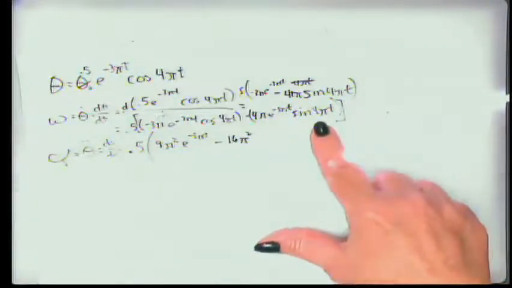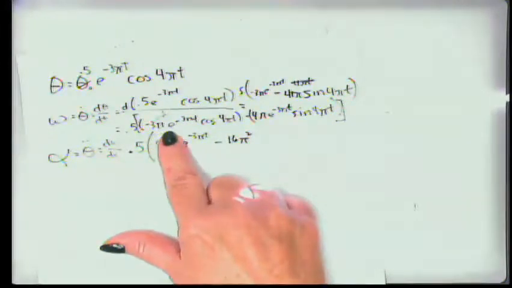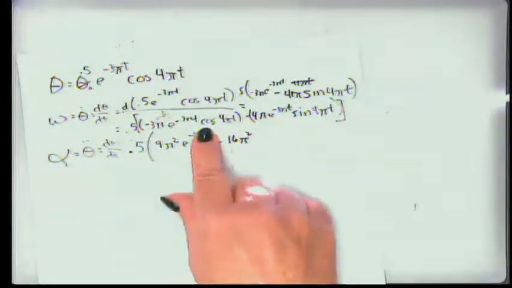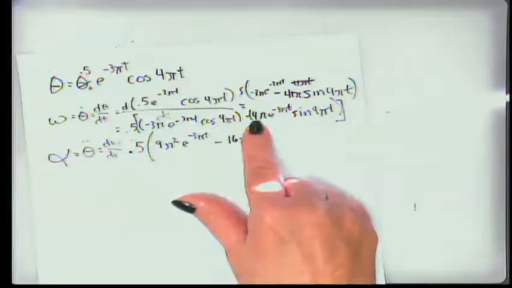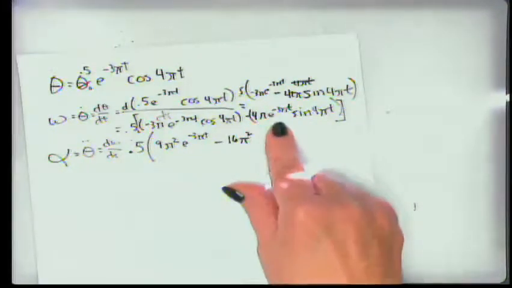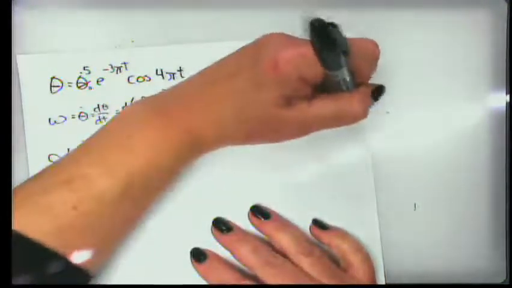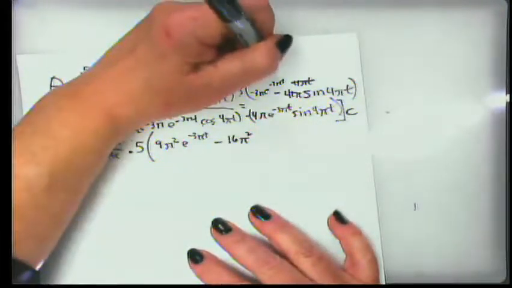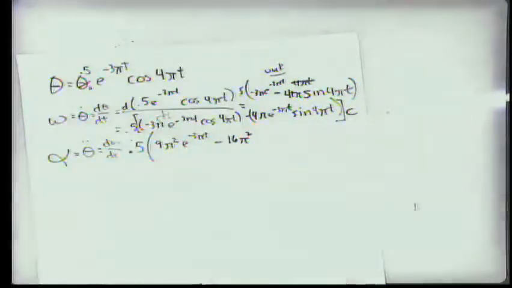Okay, so I think I got that right this time. Minus 3 pi e to the minus 3 pi t times the cosine 4 pi t minus 4 pi e to the minus 3 pi t times the sine 4 pi t. Yep, okay, correct.